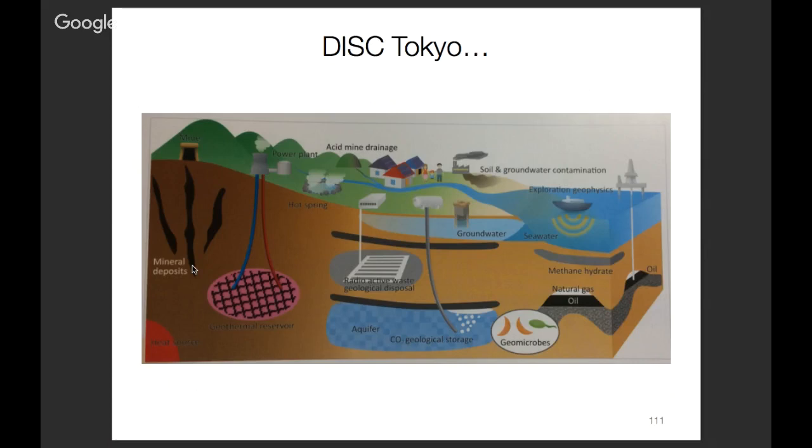Because so what do we got in here? We got hydrocarbons, oil, natural gas, looking for that, methane hydrates, soil and water contamination, groundwater, especially sea, freshwater interfaces, CO2 sequestration, radioactive waste disposal, hot springs, geothermal reservoirs, mineral deposits, and mining.